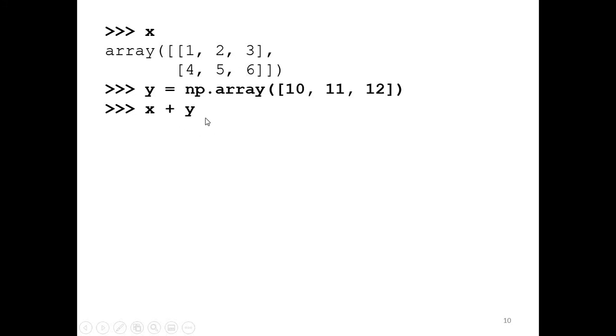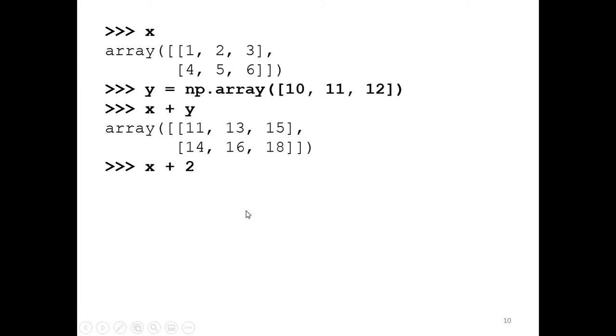Now if you write x plus y, what will it do? It is so clever that it will fit this array, and it will add this 1D array to each row, because this is a 1D array of the same size. This is 1, 2, 3 elements. This is 1, 2, 3 elements. So it will fit with this, then it will fit with this. So 10 plus 1 is 11. 11 plus 2 is 13. 12 plus 3 is 15. Then 10 plus 4 is 14, and so on.